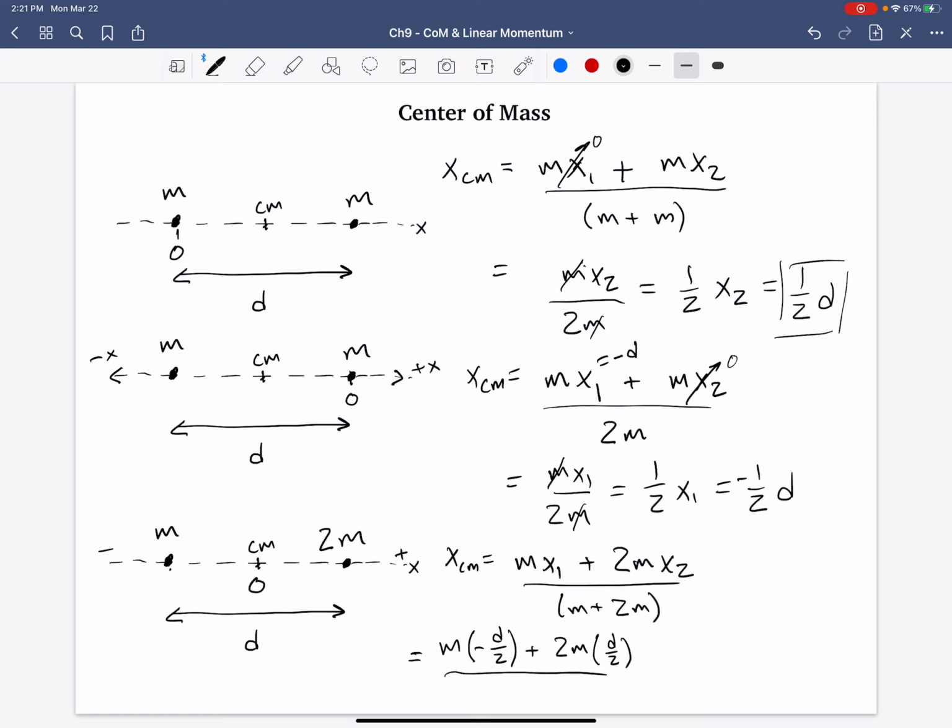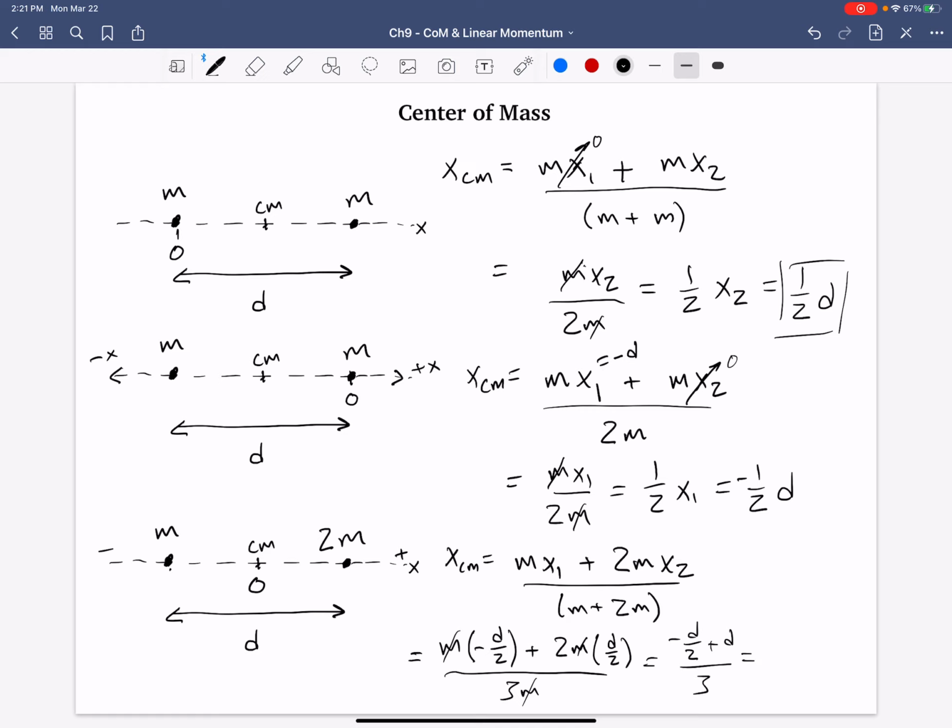And we're dividing by 3m in total. Okay? We're getting there. So canceling out m, we have negative d over 2 plus 2 times d over 2. Well, that's minus d over 2 plus d, all over 3.